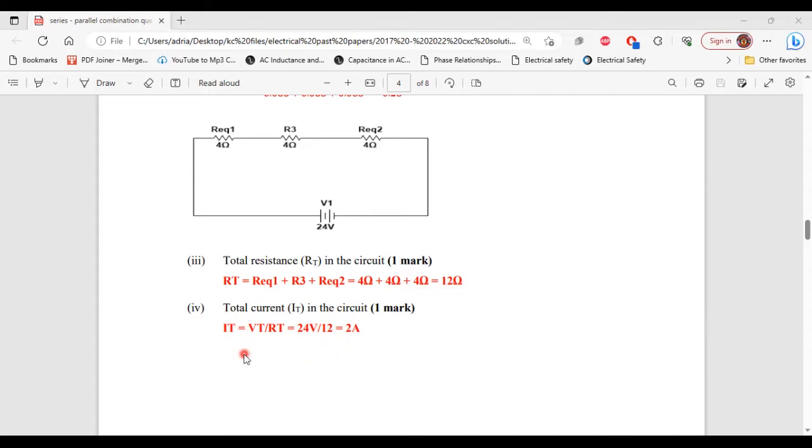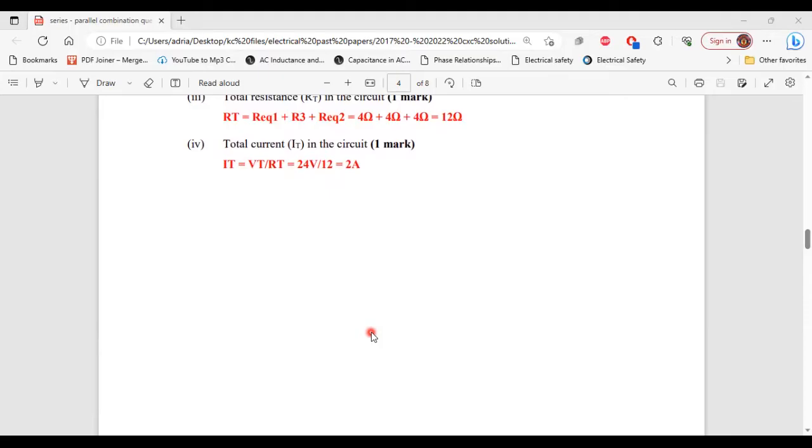So IT is equal to VT divided by RT. So we were given the total voltage, which is 24 volts. And we calculated RT, which is 12 ohm. So 24 divided by 12, that will give us 2 ampere. And that's it for this question.